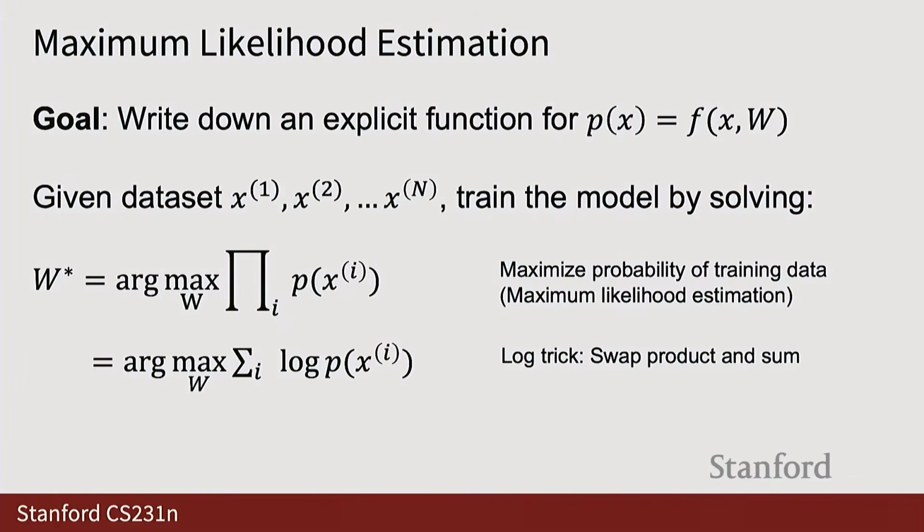And then the common trick that we always use is the log trick. You know that log is a monotonic function, so maximizing something is equivalent to maximizing the log of that something. Log is also very convenient because it swaps sums and products. So instead of maximizing the likelihood of the data, we maximize the log likelihood of the data, and that's the same as maximizing the likelihood.